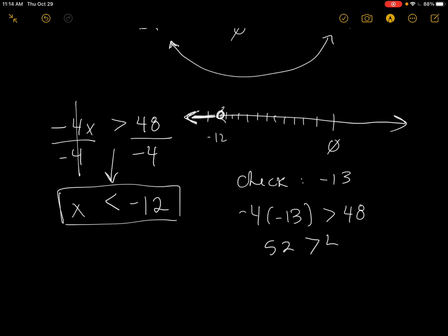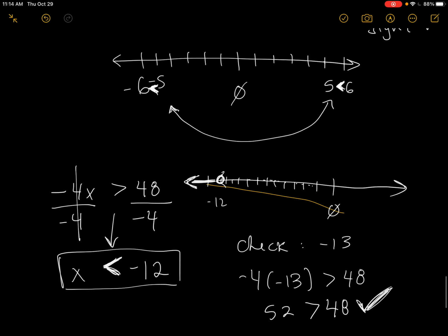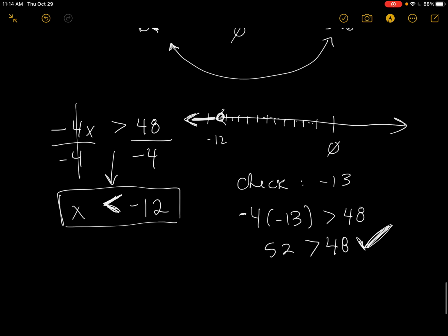Is 52 greater than 48? Yes, it is. Okay, so you can see, because I flipped the sign, it works out. If I didn't flip the sign, it wouldn't work out, right? Then I'd start picking numbers on this side, and they would not work for this equation. If you notice, this side is positive.